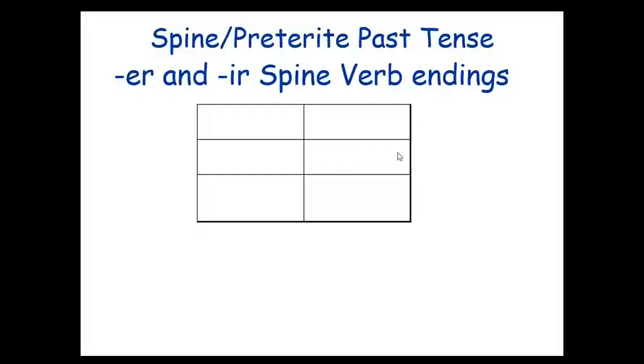The new endings are for yo, í with an accent mark, tú, iste, él, ella, and usted, ió. Notice that for tú, with AR verbs, we had aste, and for él, ella, usted, we had just an ó with an accent mark. Notice the difference that it's ió in ER and IR verbs.